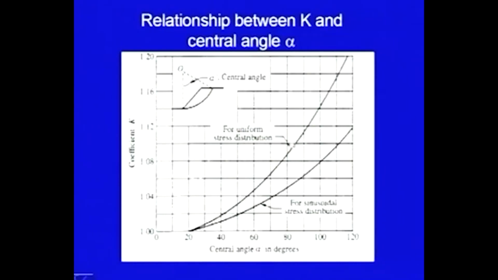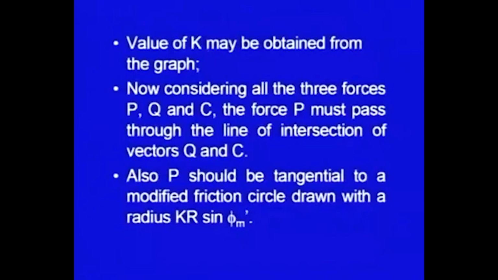From this chart one can find out the value of coefficient k. You can see it is varying from 1.00 up to 1.20. So, the radius will be 1 times to 1.2 times the radius of the original friction circle. So, using this chart you can find out the value of k.